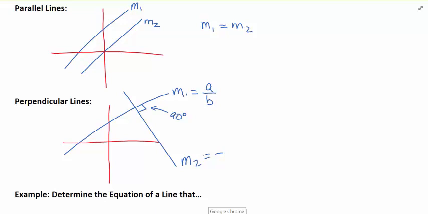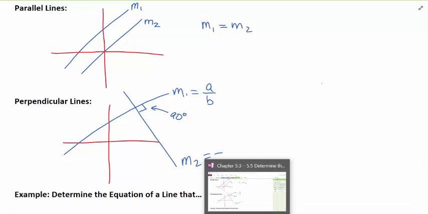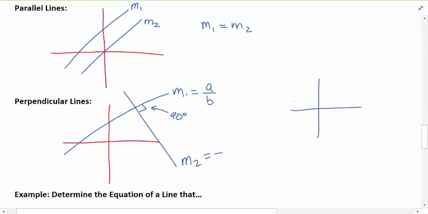However, do they look like they have the same steepness? No. Not really, right? This one maybe it's hard to tell, but let's say I have lines like this. Do they have the same steepness? No, right? So it cannot be A over B. It's actually B over A. They flip.